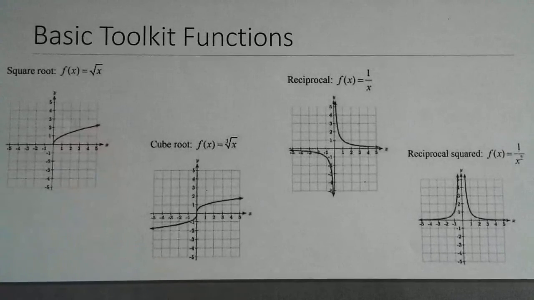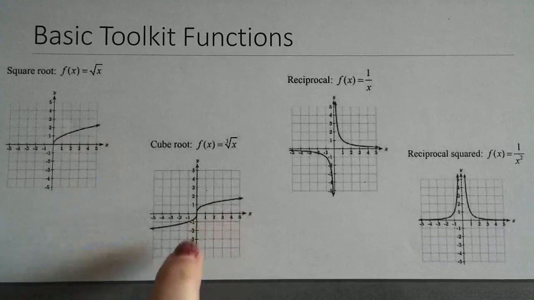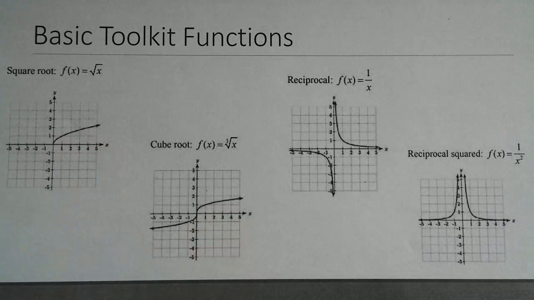Kind of this little swish up. The cube root function, f of x equals the cube root of x. Looks kind of like x cubed on its side. We have the reciprocal function, f of x equals 1 over x. This is also called the inverse function. And then we have reciprocal squared, f of x equals 1 over x squared.